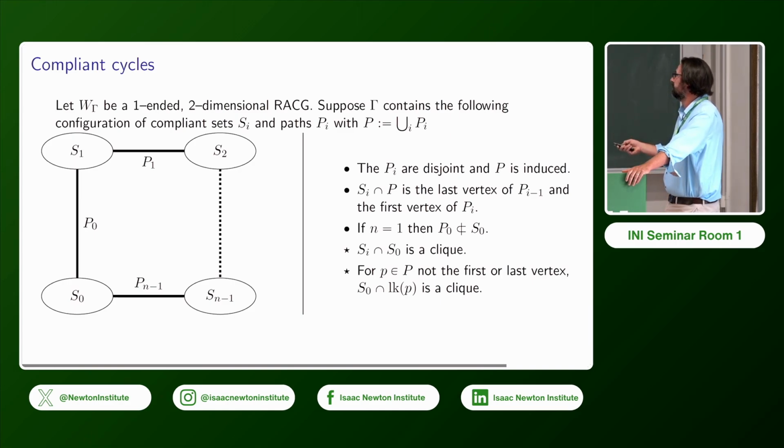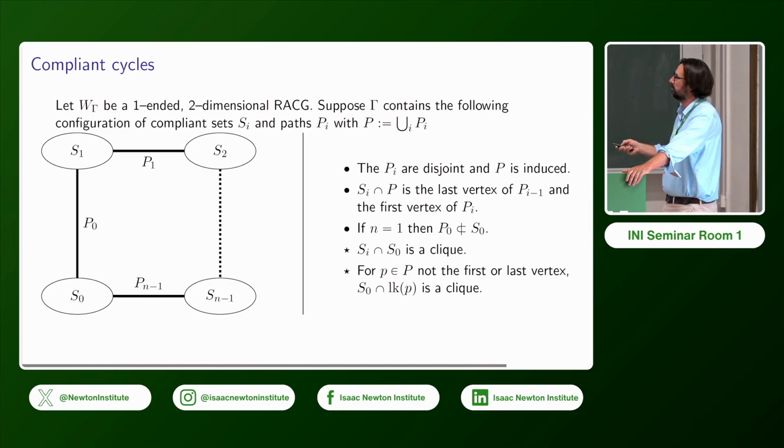So the first 3 bulleted conditions, they're just telling you that this picture is accurate. Okay, so the first one, the various paths P sub i are disjoint from each other, and their union is an induced subgraph. So there's no extra edges of the graph that are connecting vertices of different P_i's or vertices within a given P_i, except for the ones that are shown. The second condition is saying how do the paths intersect the compliant subsets?